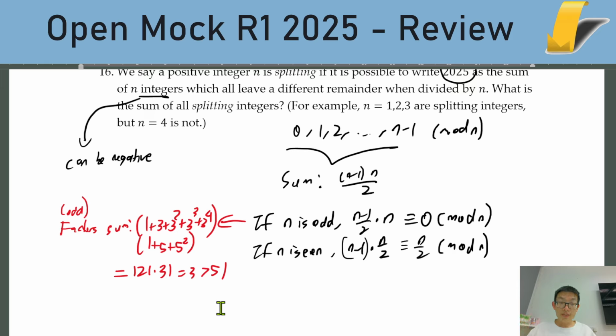If n is even, and I just let n equal 2m, so I want m mod 2m. Well, clearly m mod 2m just means that your 2025 is divisible by m, but not by 2.